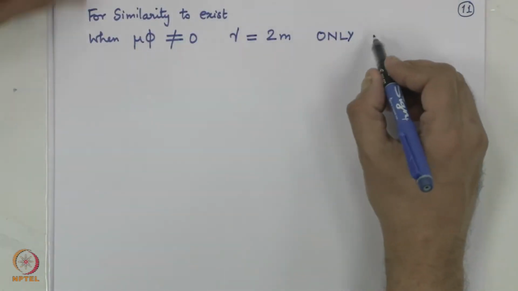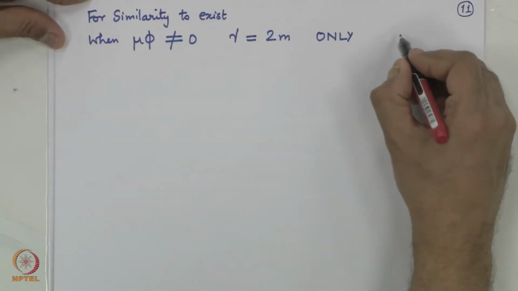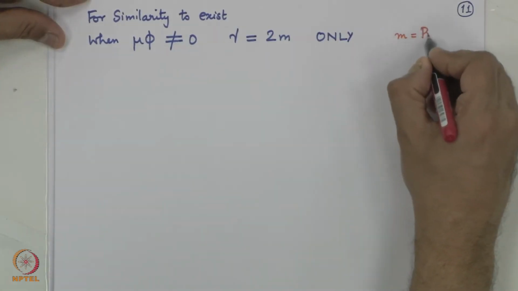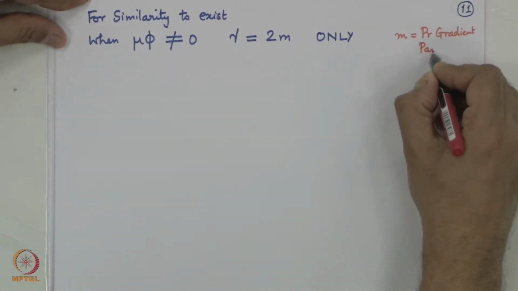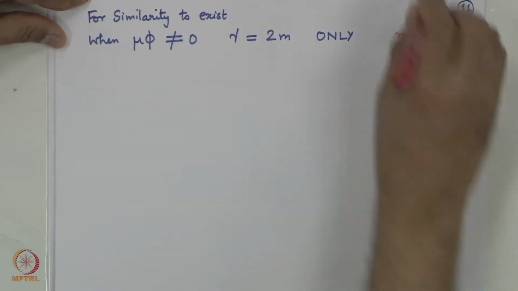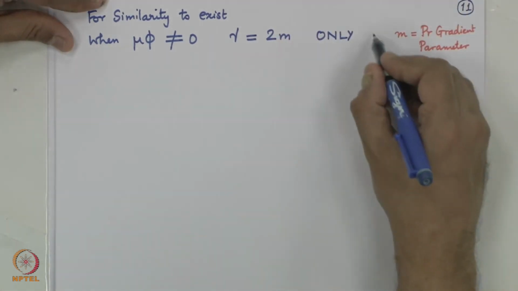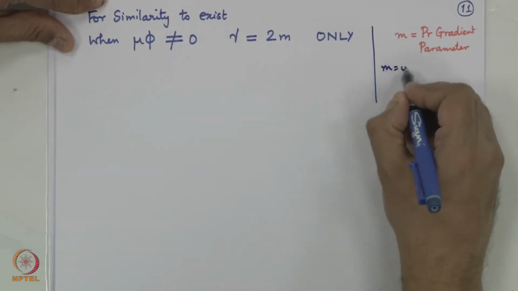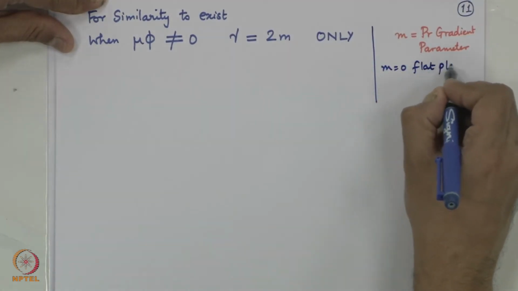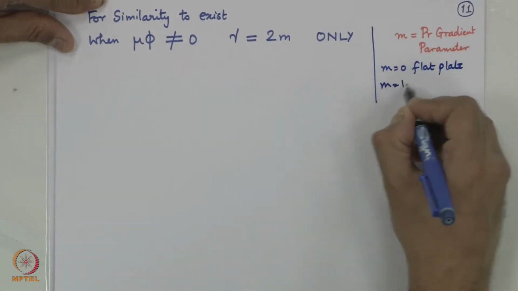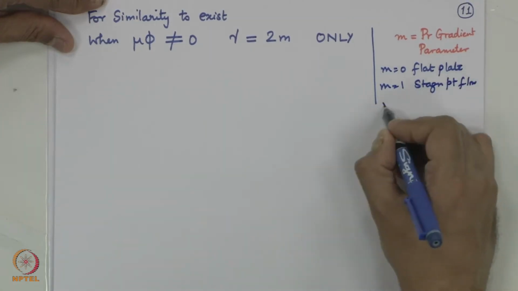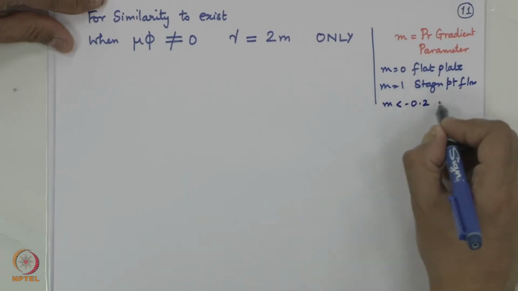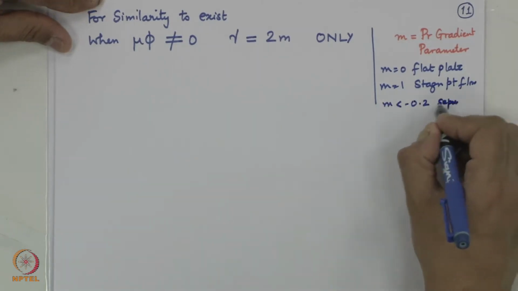So once I pick m, your hydrodynamics gave me m, right? M is the pressure gradient parameter, remember? m equal to 0 is flat plate, m equal to 1 is stagnation point flow, and m less than minus 0.2 is non-physical because separation occurs.